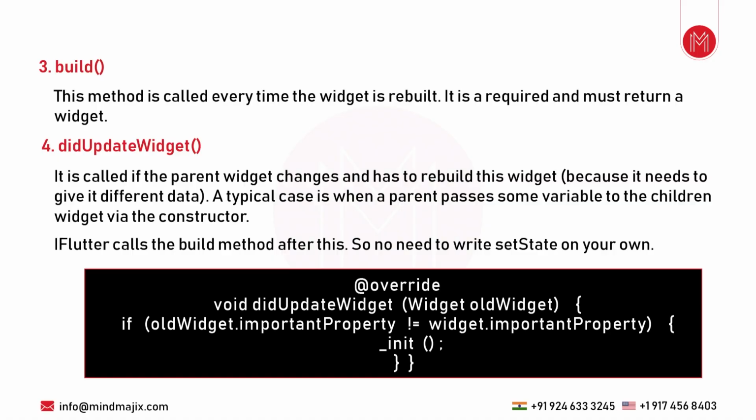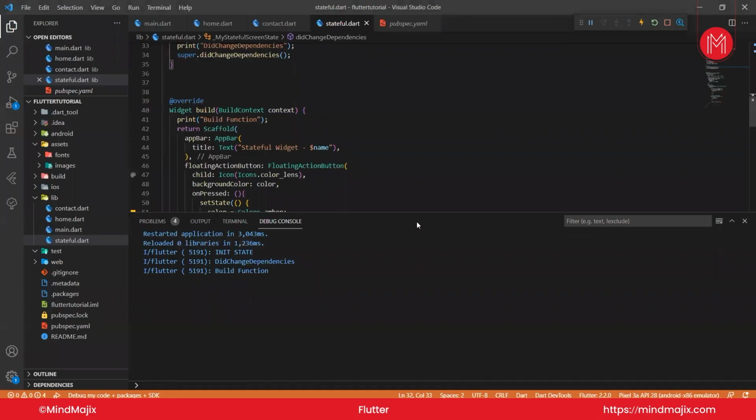Fourth is didUpdateWidget. This is also a function given by the stateful widget. It is called if the parent widget changes and has to rebuild this widget.